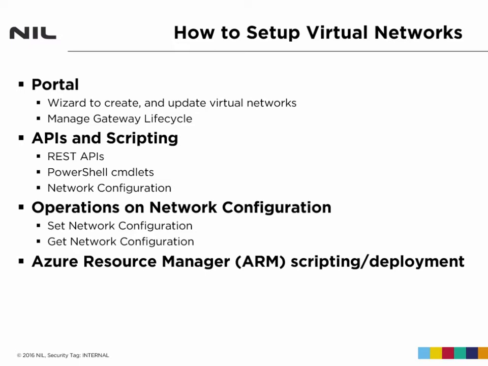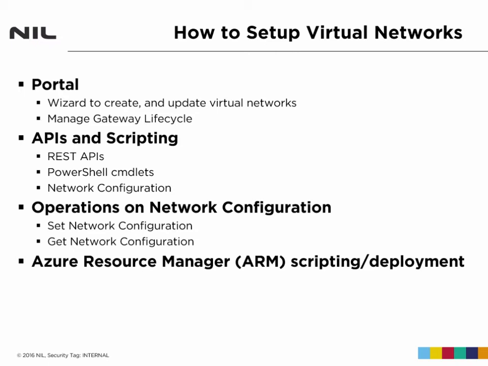So we have REST API, PowerShell, network configurations. Whenever you do something in Azure, you get a script or cmdlet, I would say almost a cmdlet, for future repetitive tasks. And the last one, which is coming with Azure Resource Manager, is that you get a script for deployment so that you can repeat it later on.